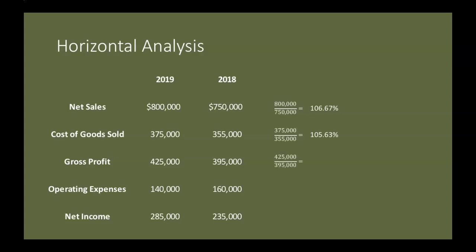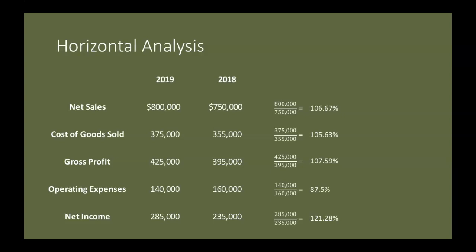Gross profit, 425,000 over 395,000, 107.59%. Operating expenses, we see as 87.5%. And net income, 121.28%.